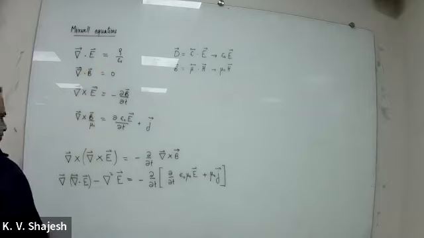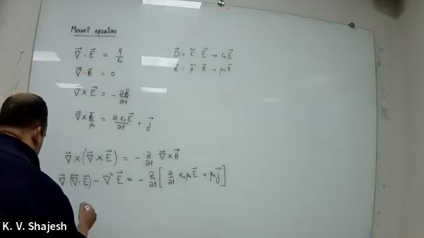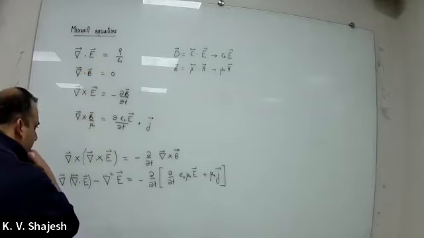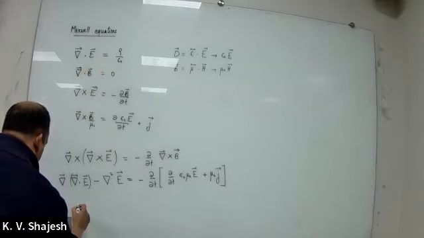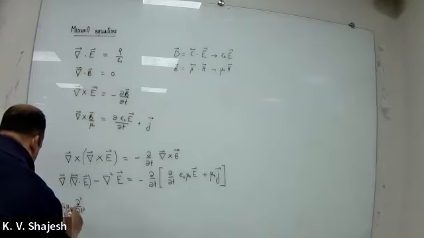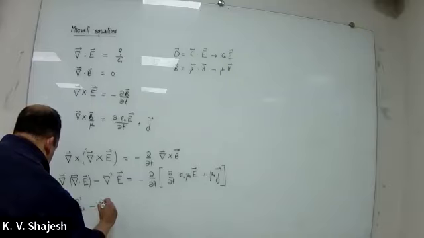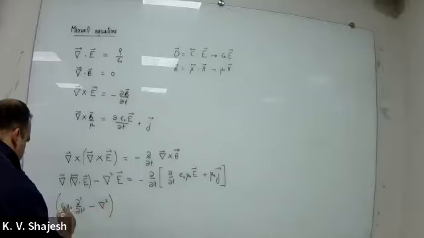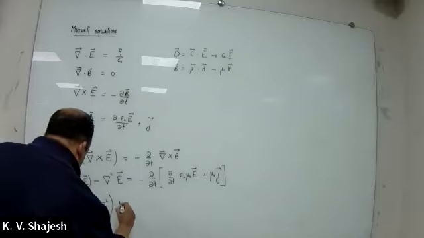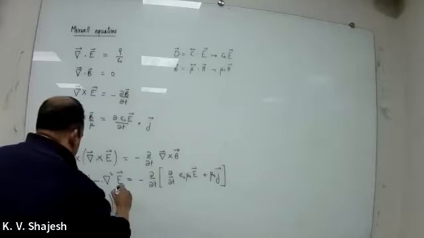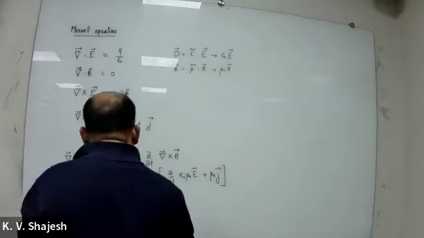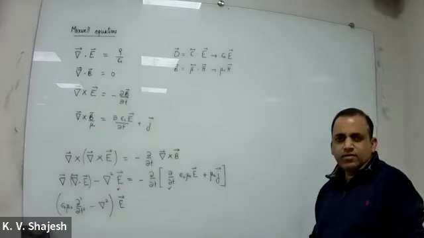So you have the Laplacian of E minus mu naught epsilon naught times the second time derivative of E. That's your two terms with the time derivative and the gradient.